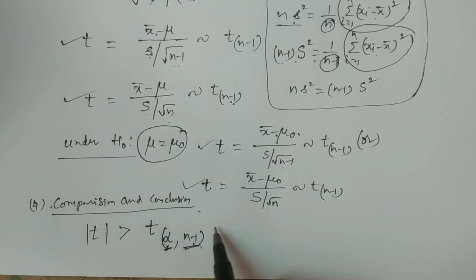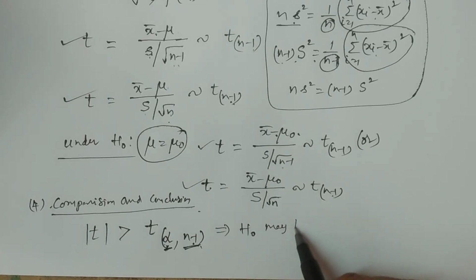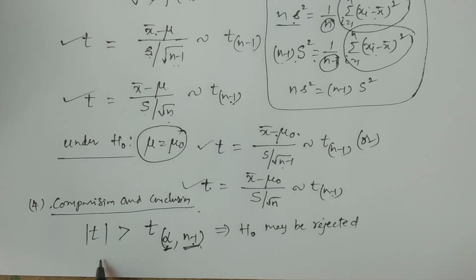If modulus of t is greater than this, the null hypothesis H naught may be rejected. Otherwise, if modulus of t is less than or equal to t alpha comma n minus 1, then H naught is accepted.